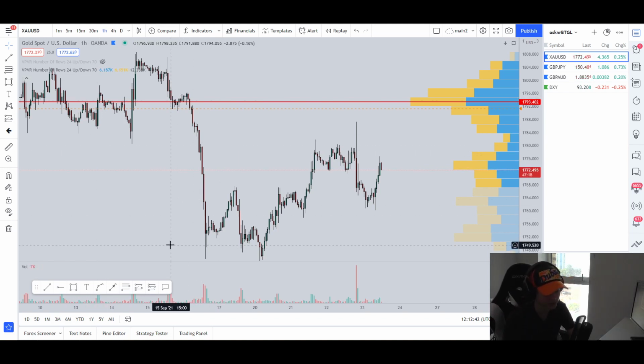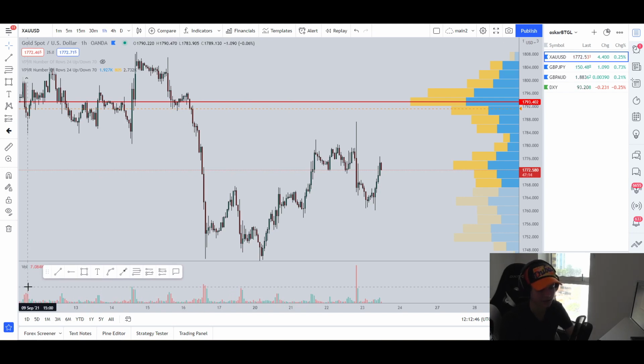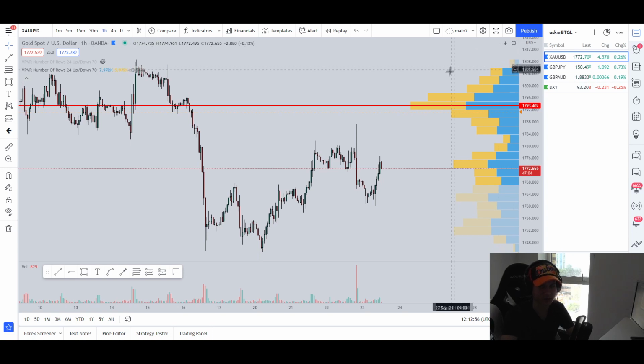Because for example here, traditionally many just use this horizontal volume here, and this is definitely enough, because that tells you where the volume was during the session. It tells you that during the time. But it's also beneficial to add this histogram here on the y-axis, because in addition to the time breakdown, you also have the actual price level breakdown, which honestly can add even more confluences to the blocks that you're identifying.